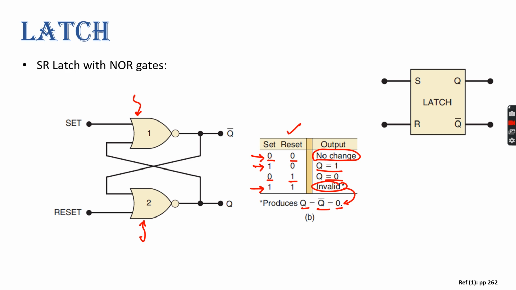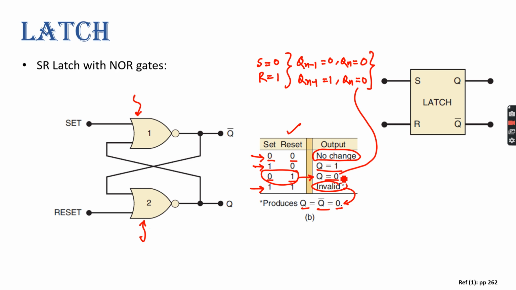So I can show you one combination out of these 4 combinations. Whichever you want to see. Third one, sir. You mean this one? Yes, sir. Okay. So now it says if you put S equals 0 and R equals 1, no matter what my previous condition was, Qn becomes 0.